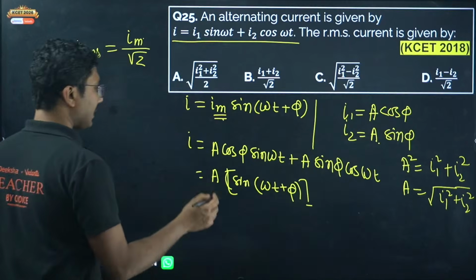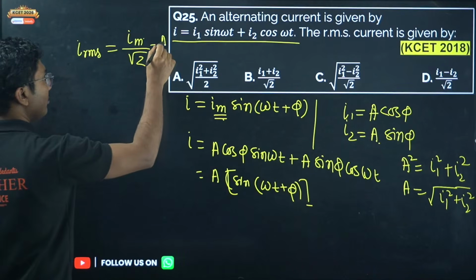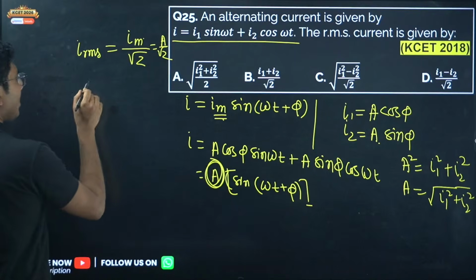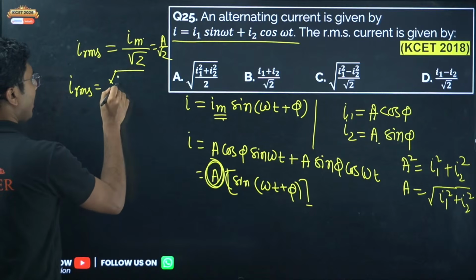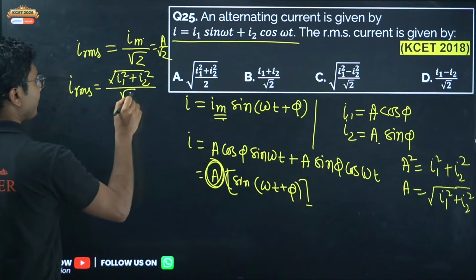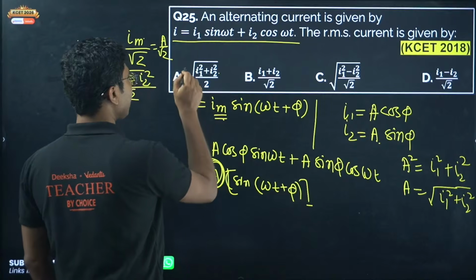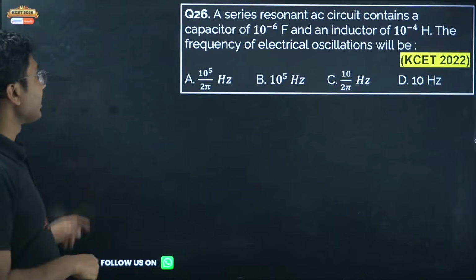From this we can say that the RMS value is A by root 2. So I RMS is the square root of I1 square plus I2 square divided by root 2. So the correct answer is option A. Okay, now next question.